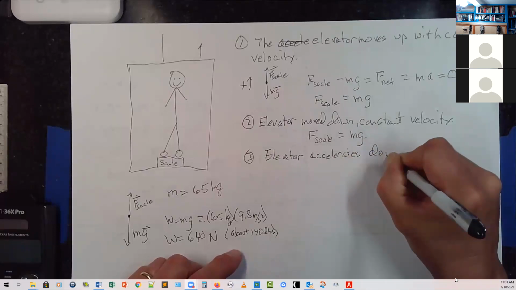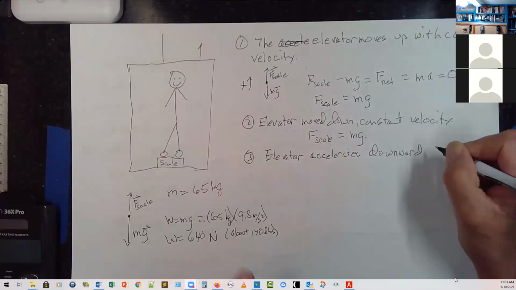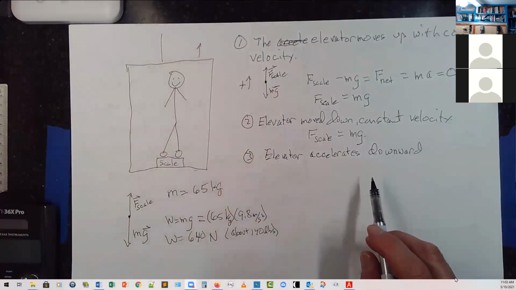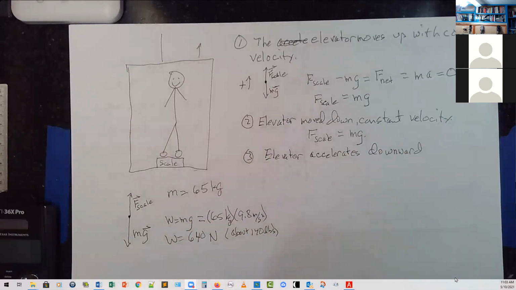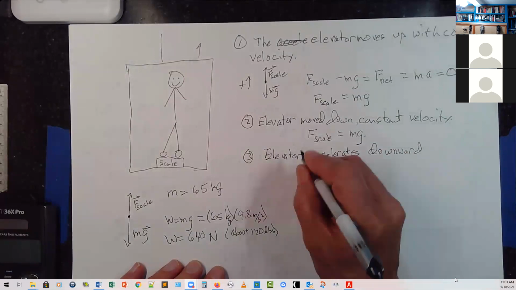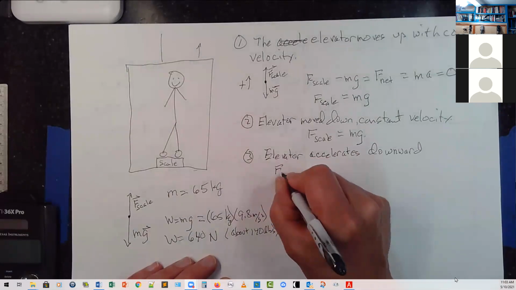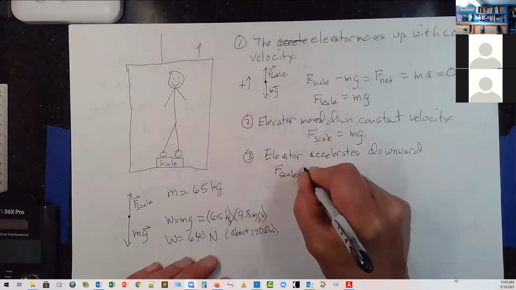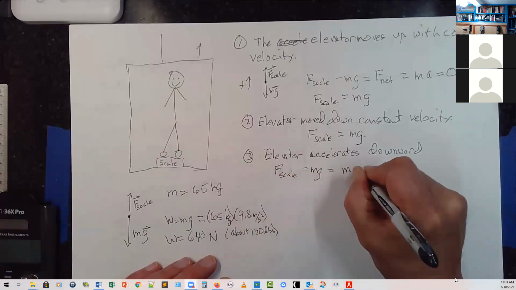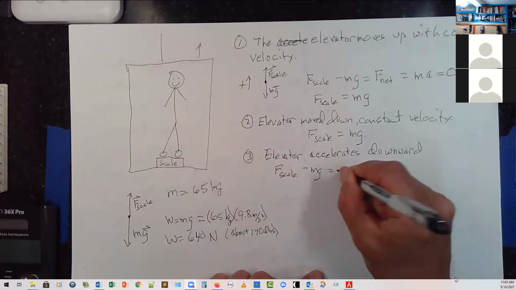accelerates downward. I'm going to start with just a downward acceleration of a, and then we'll let that downward acceleration equal g. In that case, we still have the same free body diagram, but this time we would have the force of the scale minus mg equal to ma, but if it's accelerating downward, I'm going to put a minus sign on this.